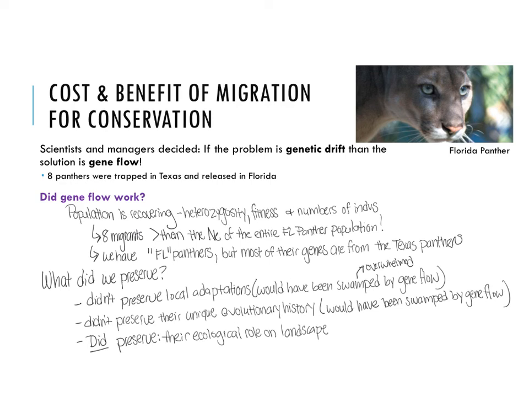And that's not nothing, right? That's important. Now, whether they're Florida Panthers or they're Texas Panthers, I think that debate is still raging. And honestly, when I look back about what wasn't preserved, I don't know how many local adaptations were left versus fixed deleterious adaptations. These managers and scientists had a really tough decision. They were working with a really challenging system, and they did the best that they could.